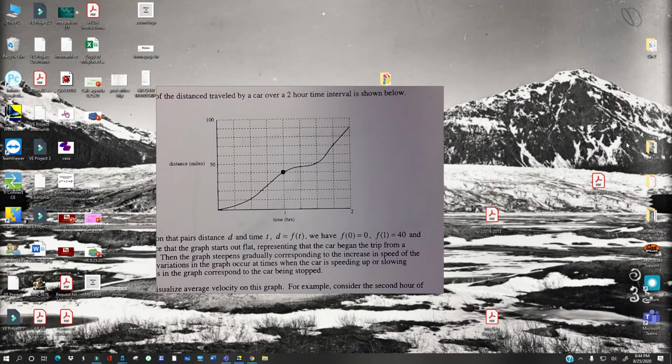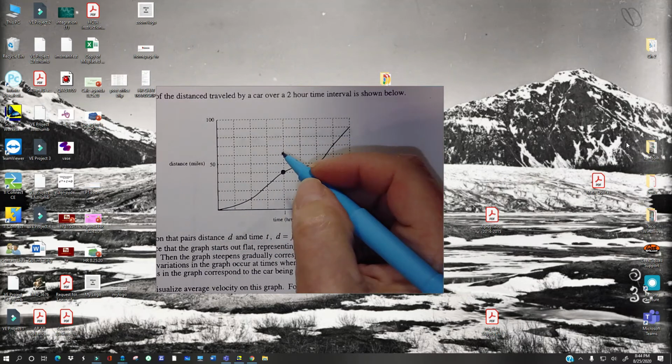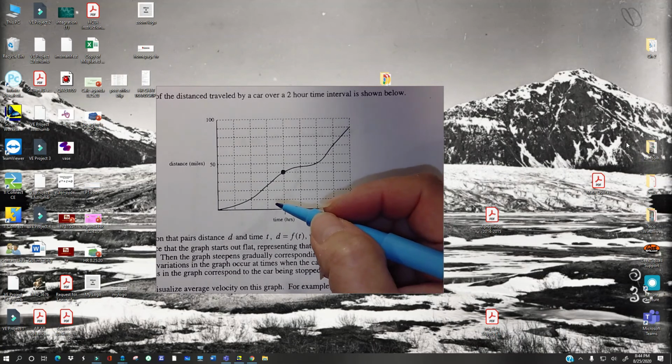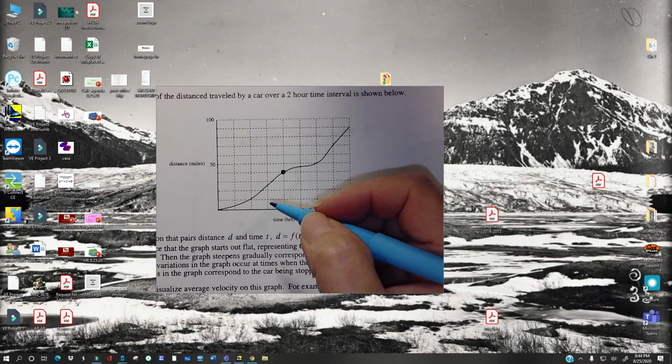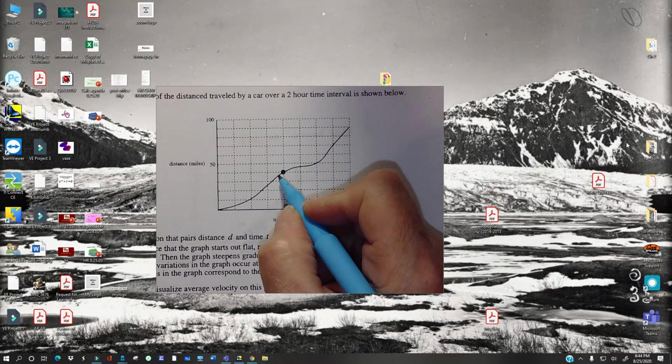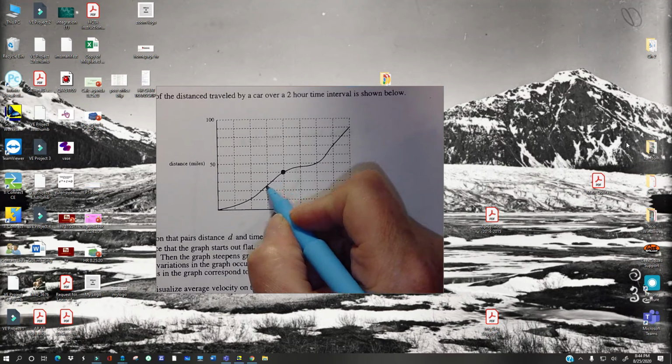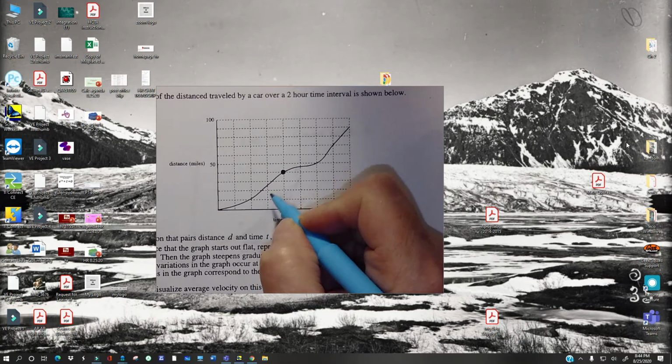So for example, I always try to find convenient points because that makes our computations much easier. But if I wanted to choose this point right here, I know that's about 3/4, so time is equal to 0.75, but the height I'm not quite sure of.